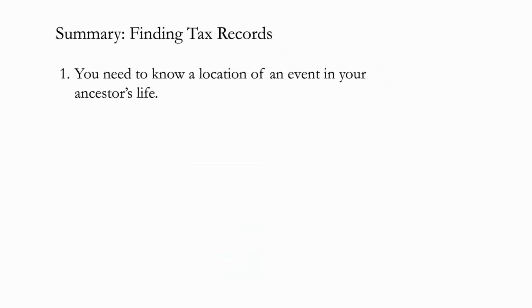Okay, so here's kind of the summary for finding tax records. Number one is you need to know a location of an event in your ancestor's life. You have to have some place to start. It has to be a location. This one is interesting because normally you would say you need an exact event.